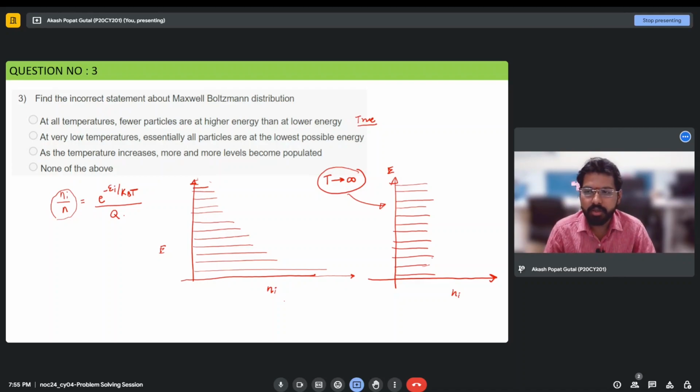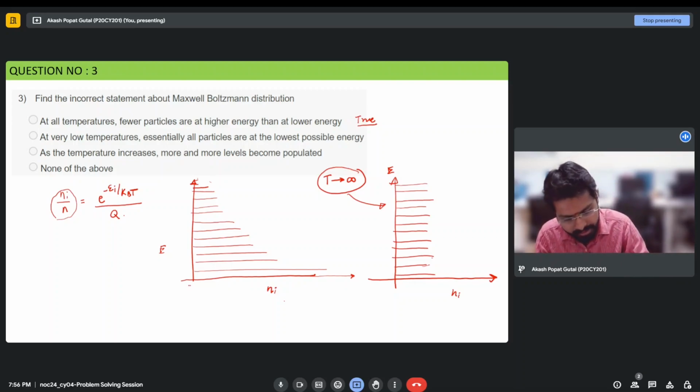Now, at very low temperatures, essentially all particles are at the lowest possible energy. When you lower the temperature, the particles at the higher energy levels fall down to the lower energy levels, which increases the population of the lower levels. So the second statement is also true. The third statement is that as the temperature increases, more and more levels become populated. Yes, that statement is also true.